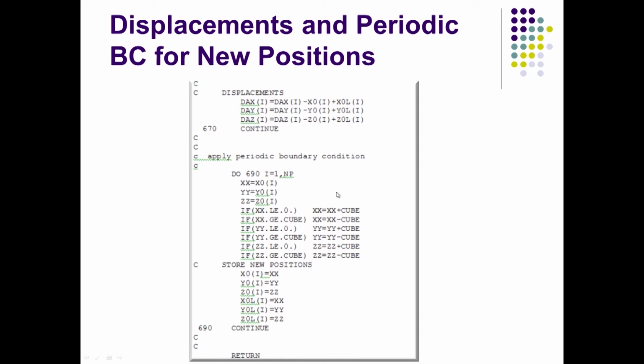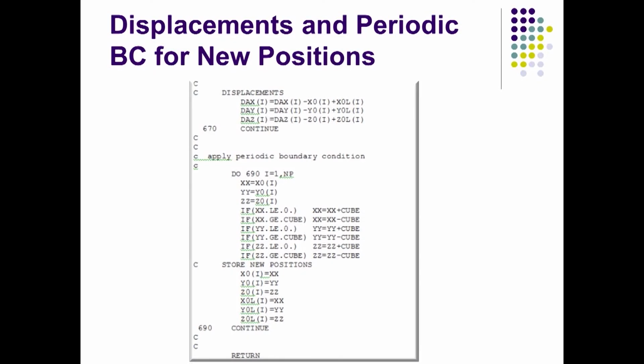So, we are adding half of the cube or subtracting half of the cube length, which is the size of the cubical box, and by applying that to all 3 dimensions, we are able to get the new positions with the periodic boundary condition applied.